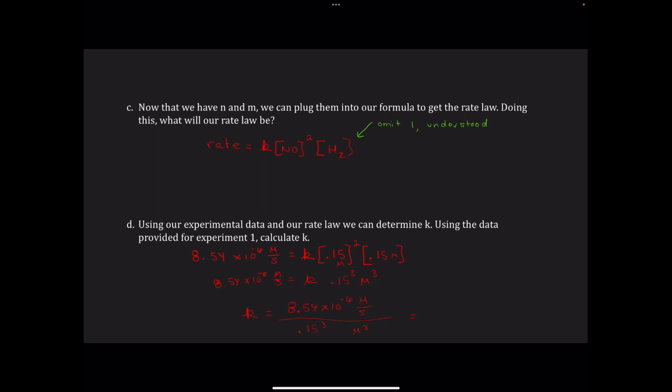And so we will end up with a K value of 2.53 times 10 to the negative 3rd. And our units, remember, we've got to track those units because the units change. Molarity on top cancels. One of these molarities on the bottom cancels. And I end up with 1 over molarity squared times seconds.